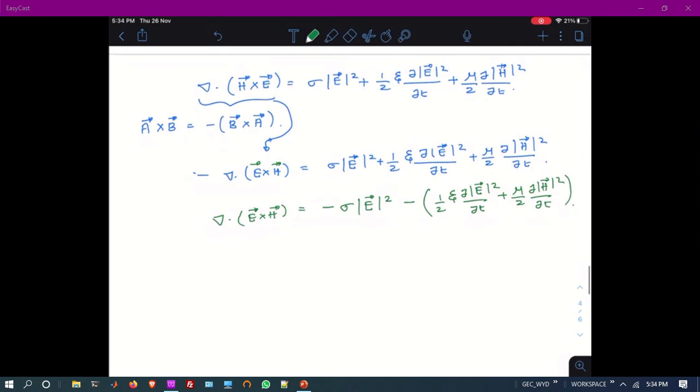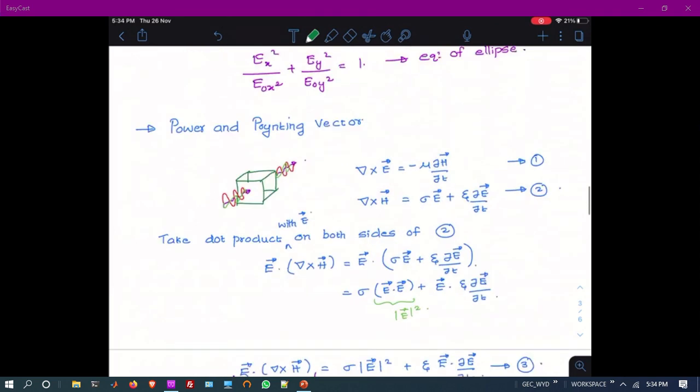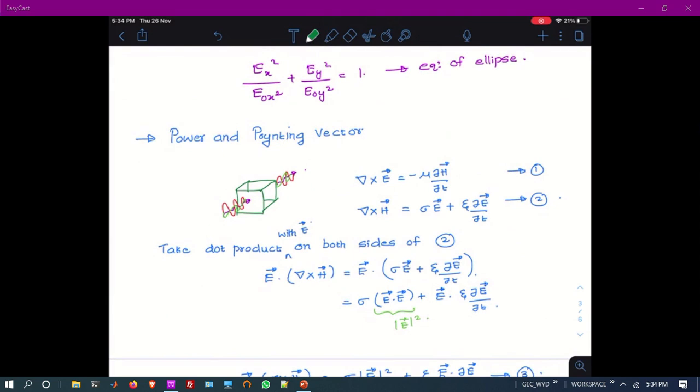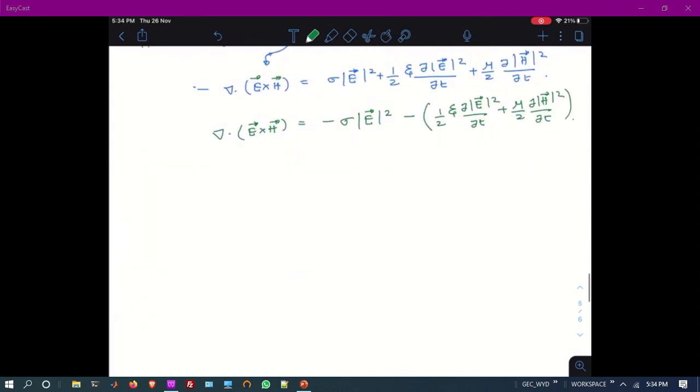Now we told that this is for a wave across a volume, and we can take the volume integral of this to find out how much is the change.